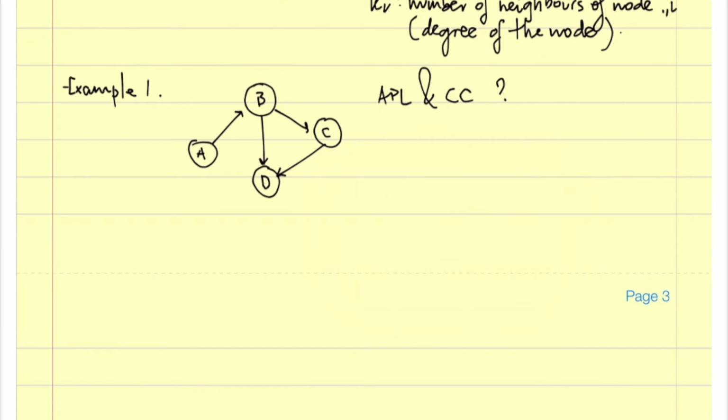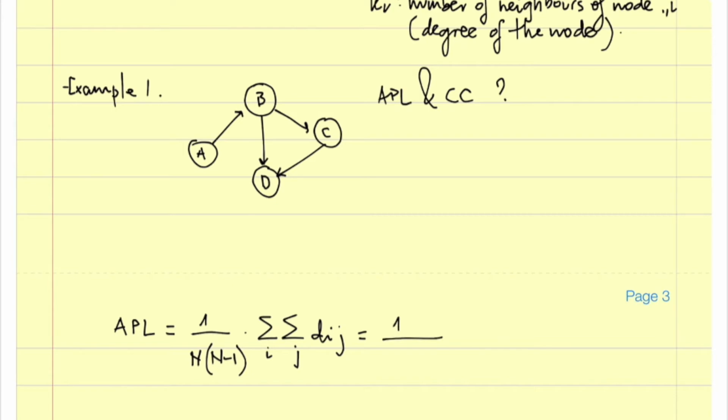Well, first APL equals 1 divided by n times n minus 1 times the sum over i and j of all the distances. Okay, so n is 4, the number of nodes, A, B, C, D, okay?